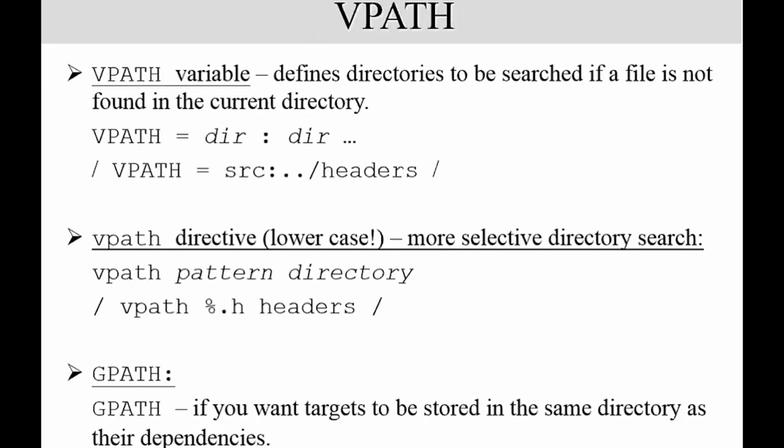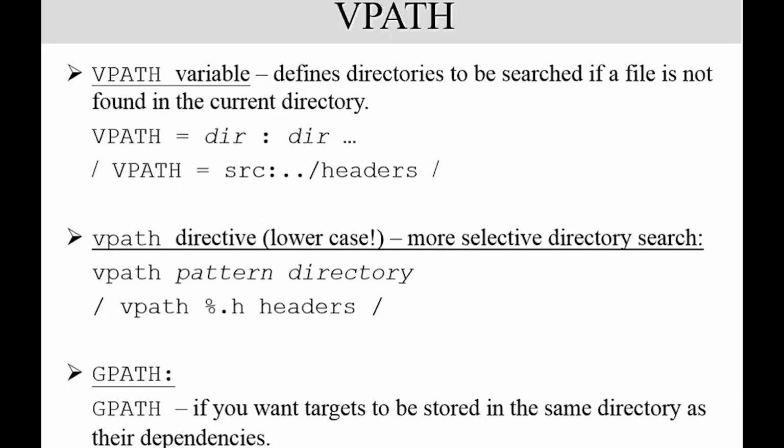So now another thing is the vpath variable. This is a variable that defines directories to be searched if a file is not found in the current directory. And here you can specify a number of directories separated by colons. So for example, here vpath equal to dir colon, then go all the way.